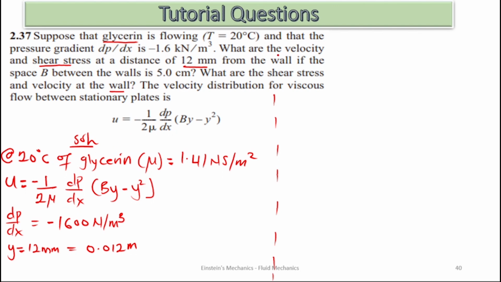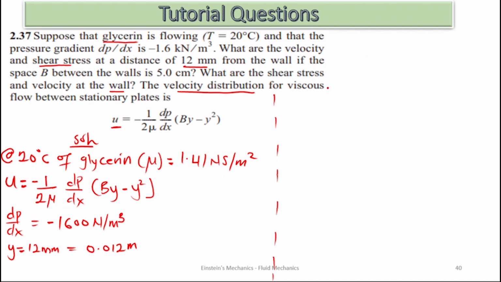So first condition, the velocity and the shear at 12 mm. How do we go by that? Remember, this u represents the velocity, because the question says the velocity distribution for the viscous flow between the stationary plate is given as this. So they've already given us the velocity. Here we go.